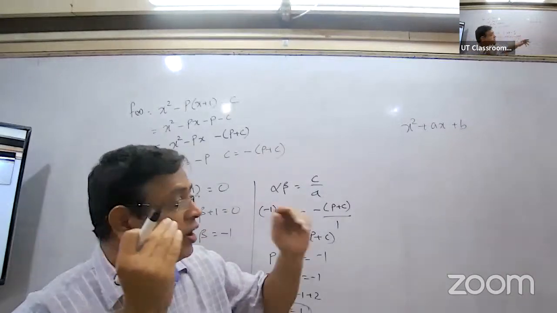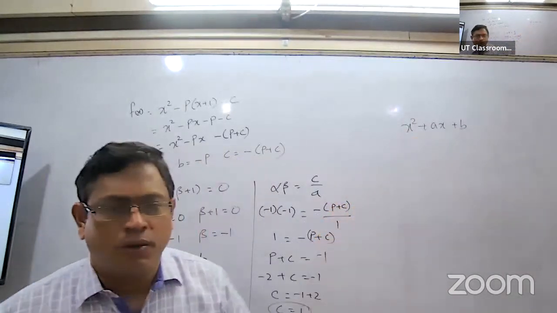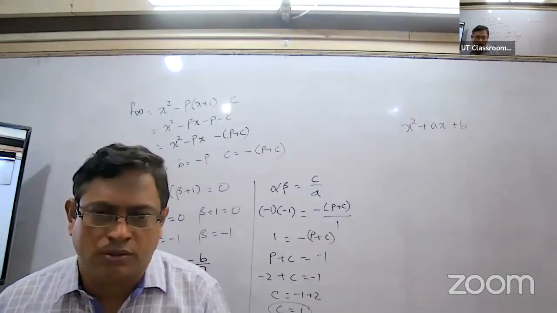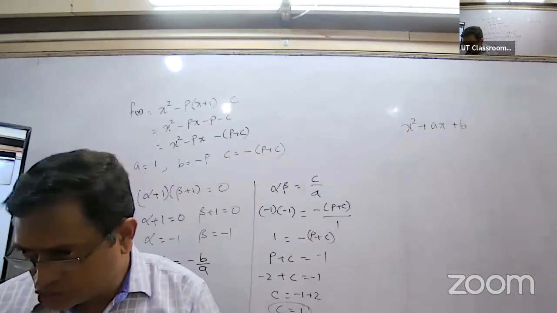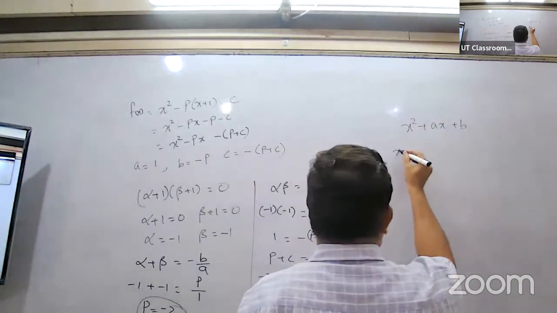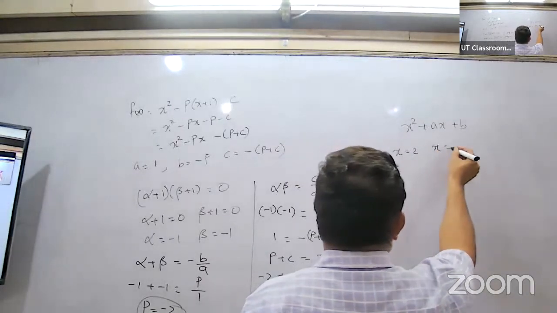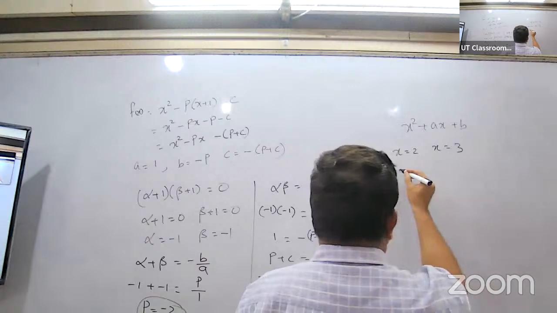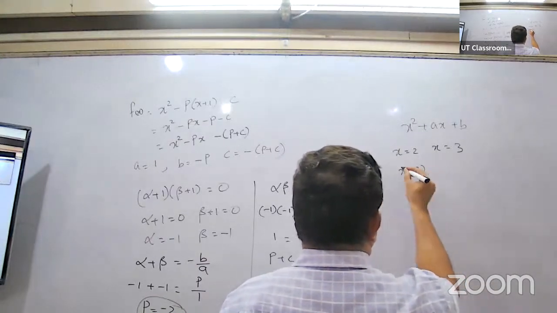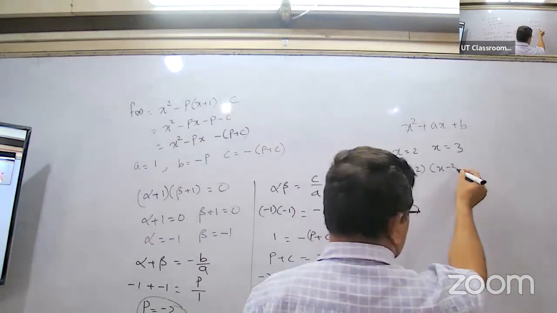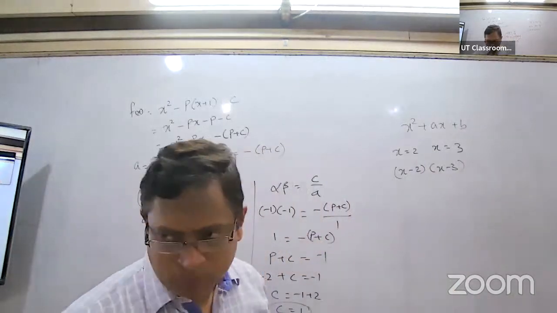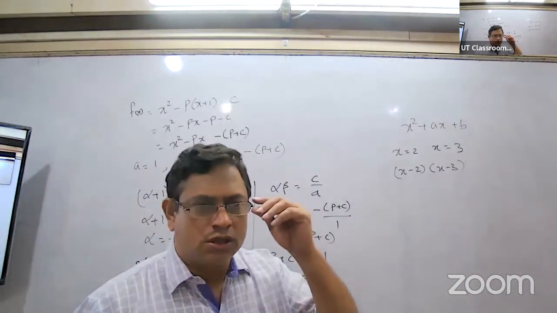There are two ways we can do it. One way: substitute the value and solve. Other way: x is equal to 2 and x is equal to 3, so the factors are x minus 2 and x minus 3. Are you followed this also? Yes, sir.